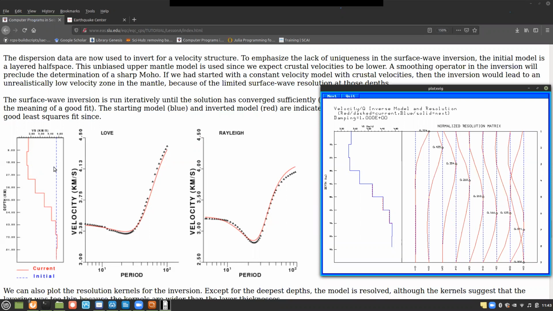So in this case, the blue line indicates we assume that our Earth is made of a uniform velocity structure to start with, which is around 4.5. So the crustal velocities, even at say 2 kilometers, are at around 4.5.